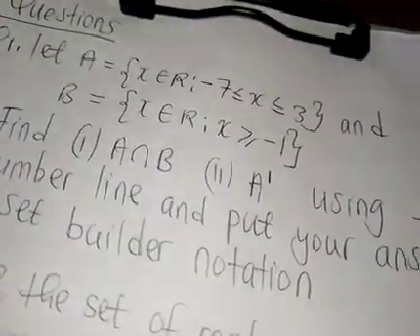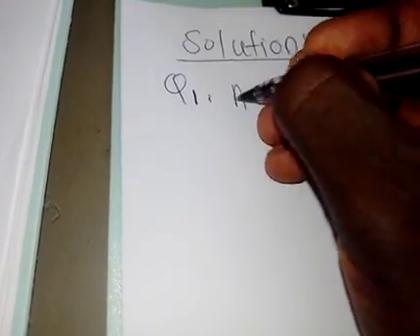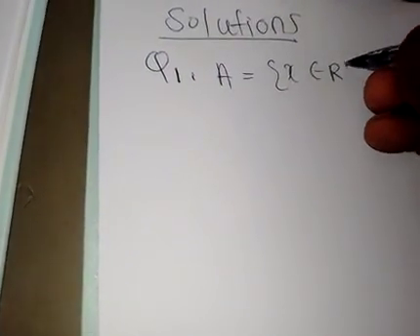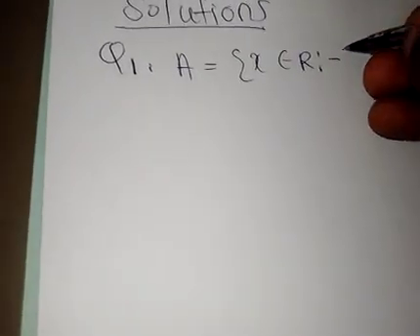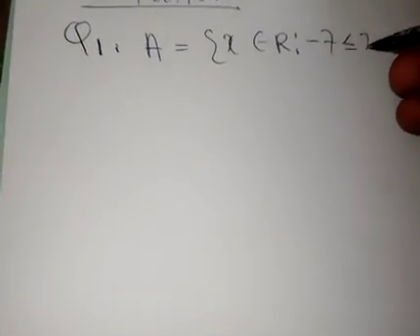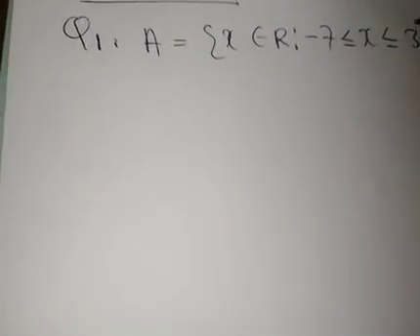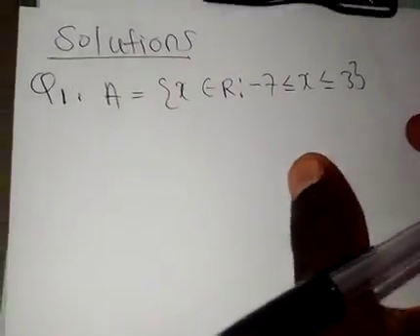Okay, solutions. Then question 1. For question 1, we have A, x being a member of R such that negative 7 is less than or equal to x less than or equal to 3. So that is A which we have.